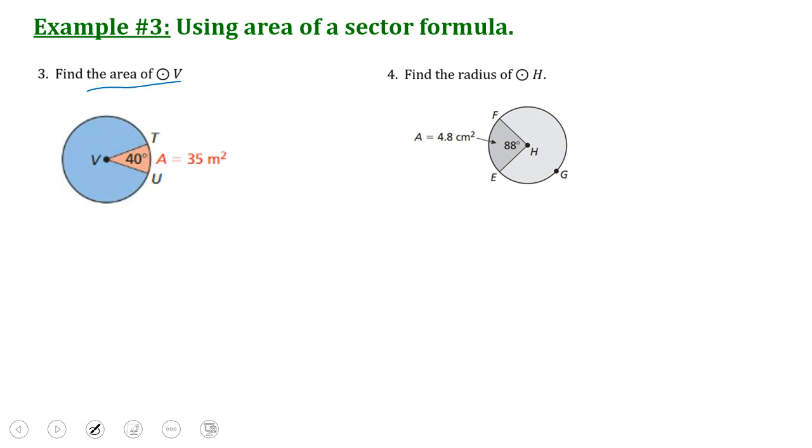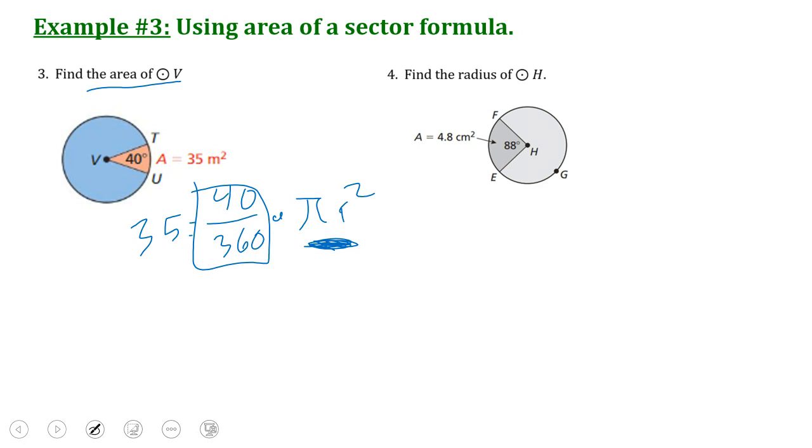That's all it is. So what we're doing is we're using the same formula. 35 equals 40 degrees over 360 degrees, right? Times pi r squared. We know pi r squared is the area of a circle, so we just need to get rid of this stuff. And we just divide that by 35, and then we're done.